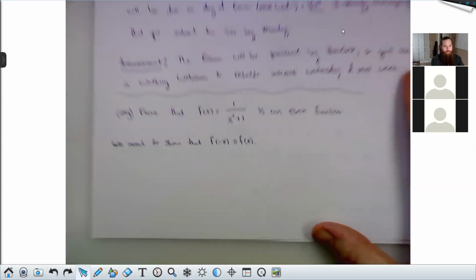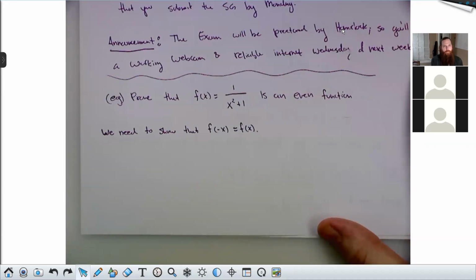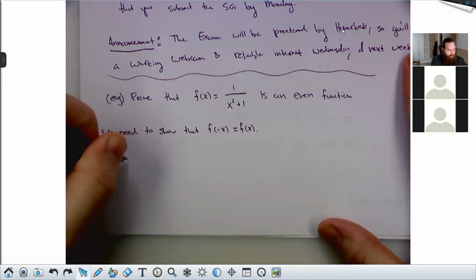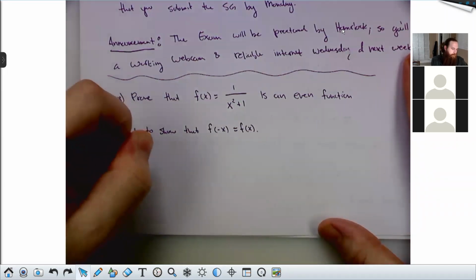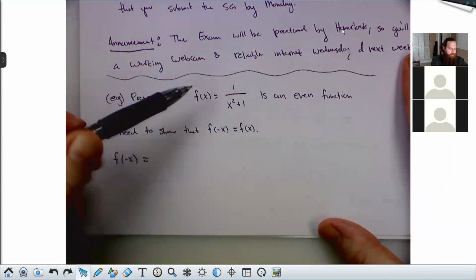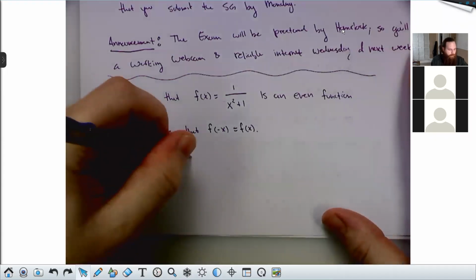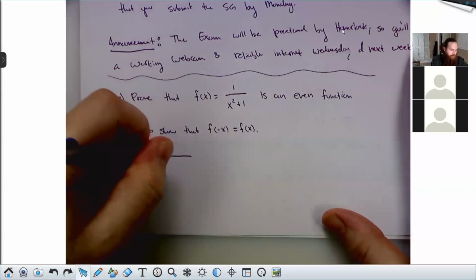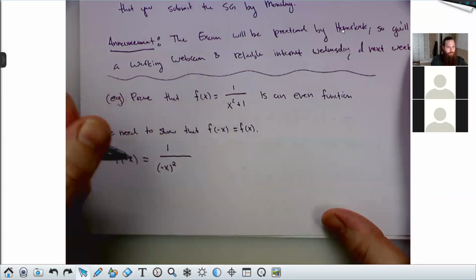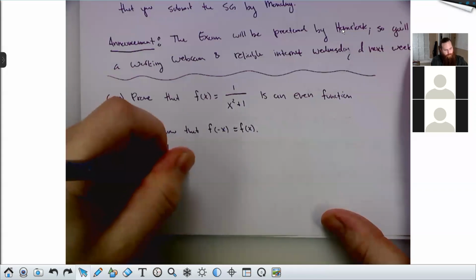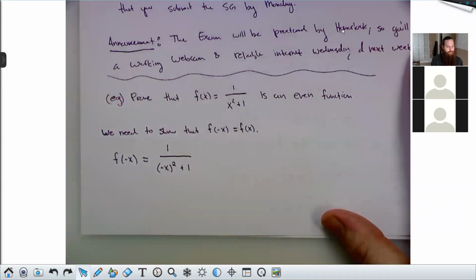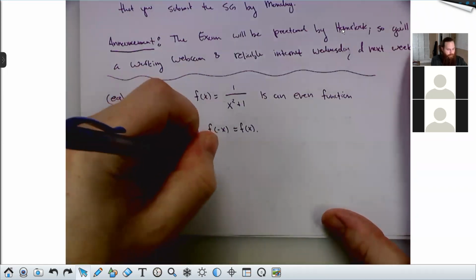I'll zoom in here. F of -x is what I get by taking my formula for f of x, and everywhere there's an x, I write parentheses -x instead. So this would be 1 over (-x) squared plus 1. And now downstairs there, I can simplify.